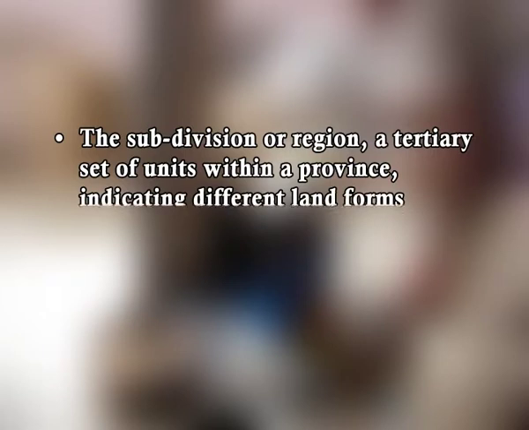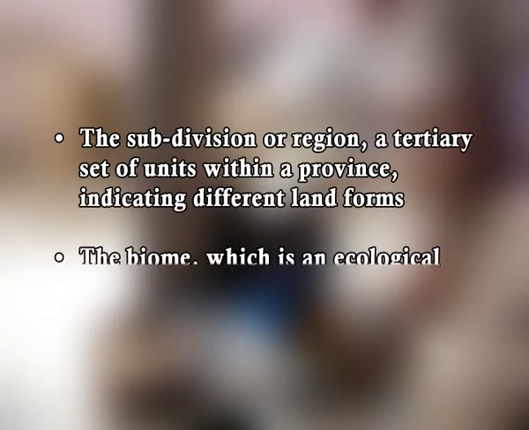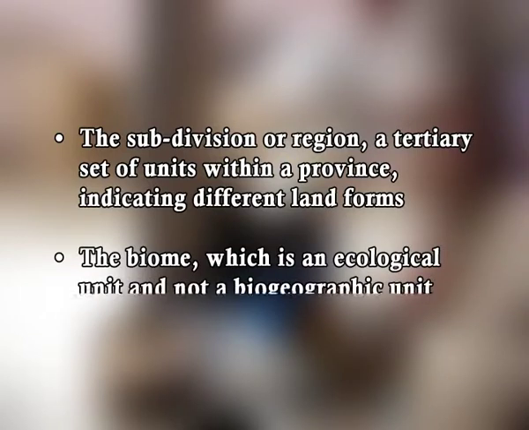Number 3, the subdivision or region, a tertiary set of units within a province indicating different landforms. Number 4, the biome, which is an ecological unit and not a biogeographic unit. A biome can be found in several biogeographic zones or provinces.